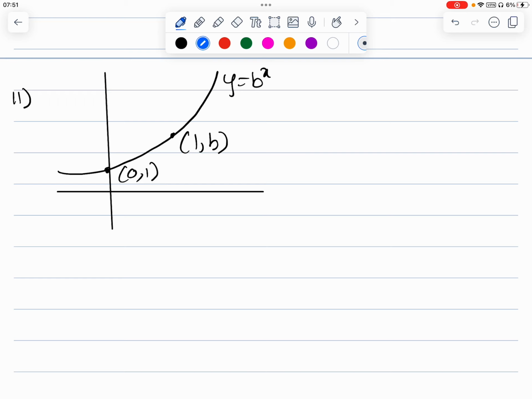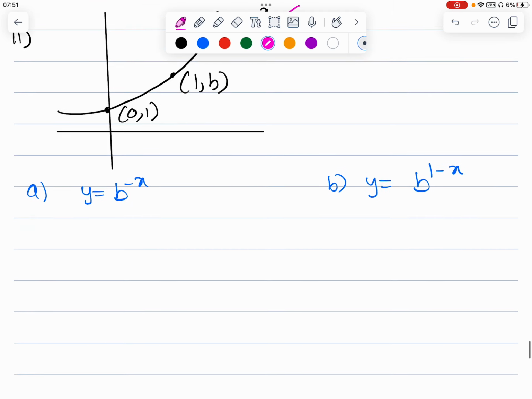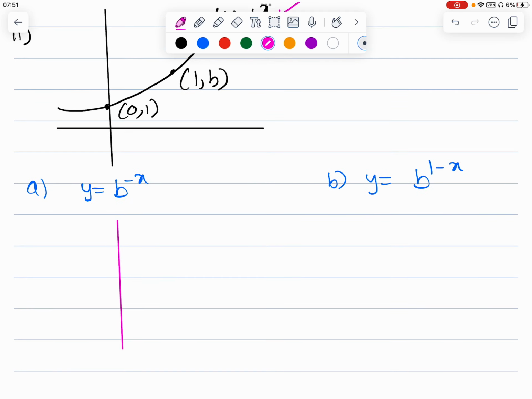In part A, we are asked to draw the graph for y equals b power minus x, and in part B, draw the graph for y equals b power 1 minus x. The parent graph has been given. So once we know b power x is an increasing function, b power minus x will be a decreasing function.